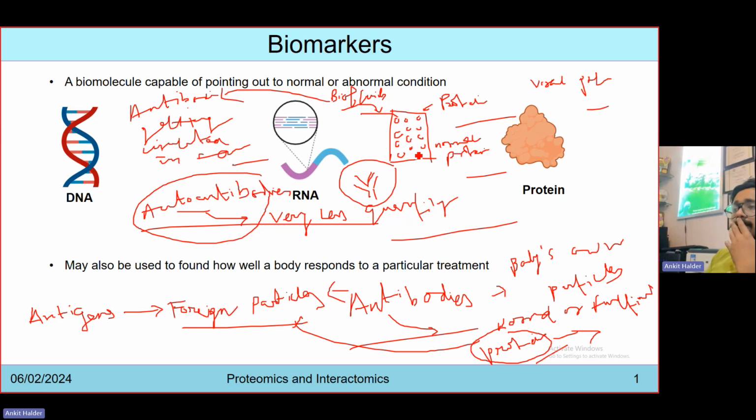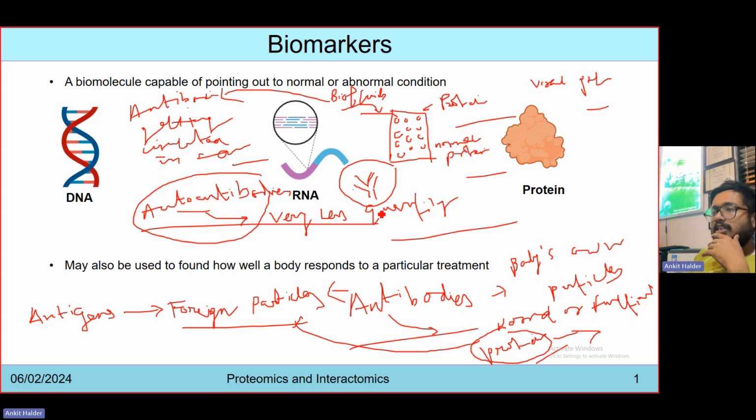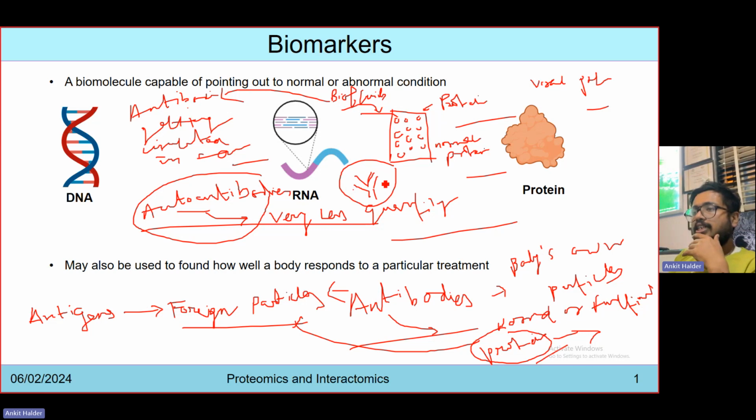Now, if after the experiment you have passed the biofluid and antibodies got attached to these proteins, and through fluorescence you detect the signal, then you can understand that there has been generation of antibodies against a particular protein.